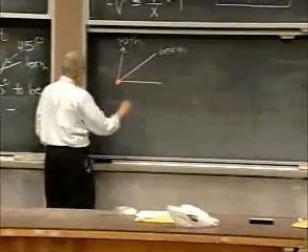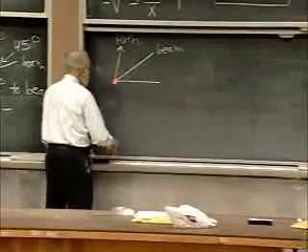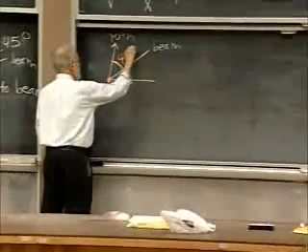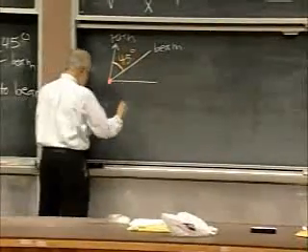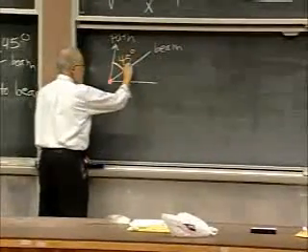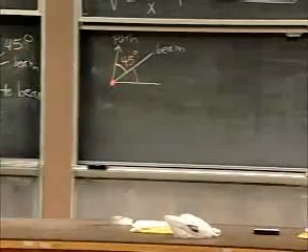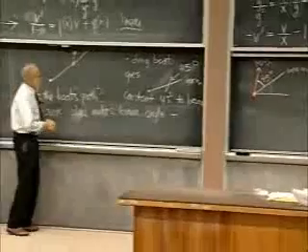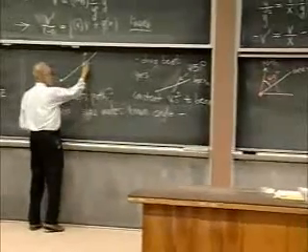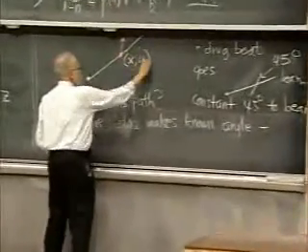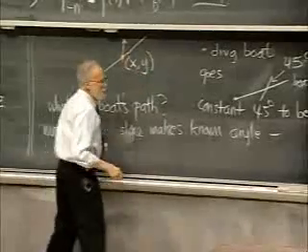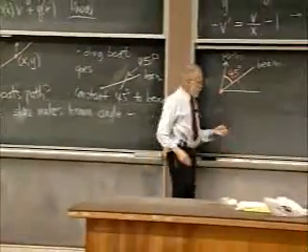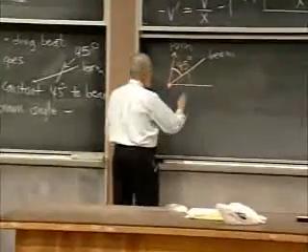Well, this angle is 45 degrees. This angle I don't know, but of course I can calculate it easily enough, because if I know the coordinates of this point, x, y, then I know the slope of this line, and that angle will be related to the slope. So let's call this alpha.